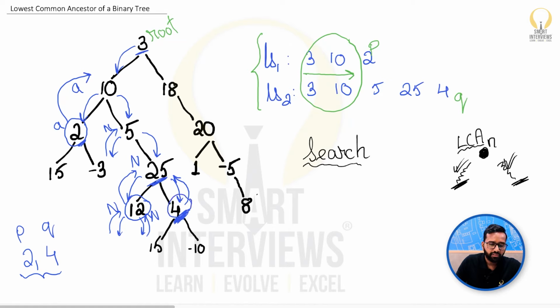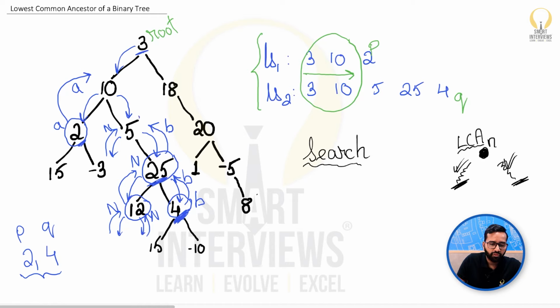Let us say this node is B. So we are returning B itself from here. Now for this node 25, from the left side we got null, from the right side we got B. It means we have found one of the relevant nodes. So we should return the same node that we have found, that is B.